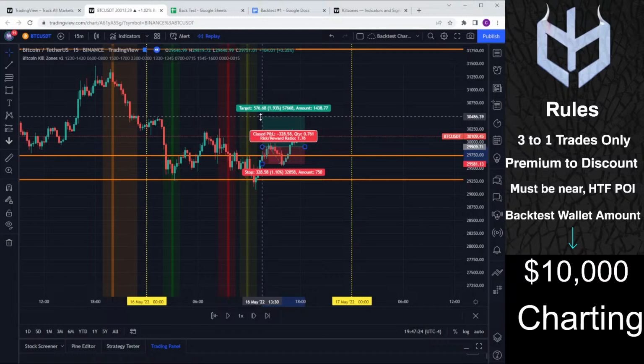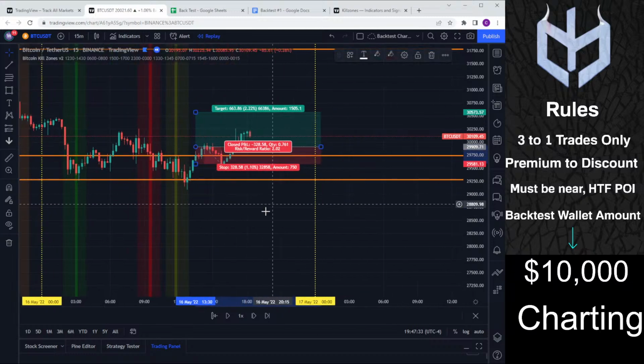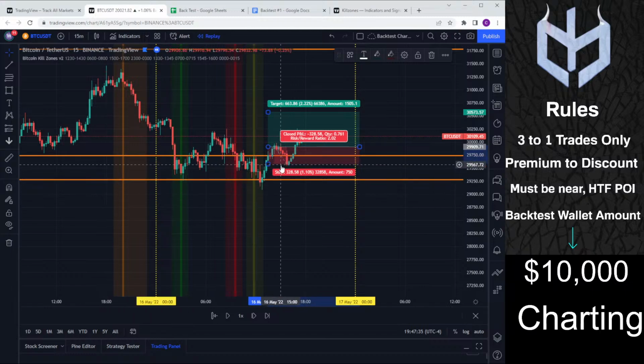Target above this high for first target.